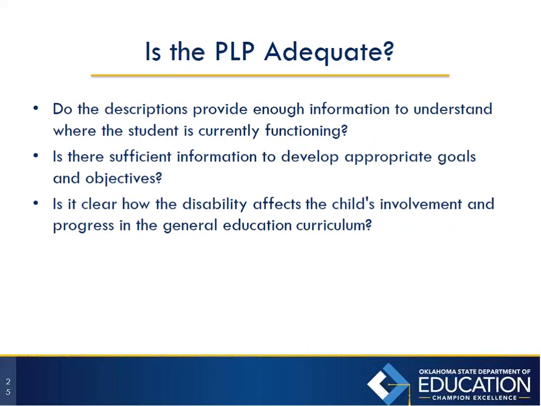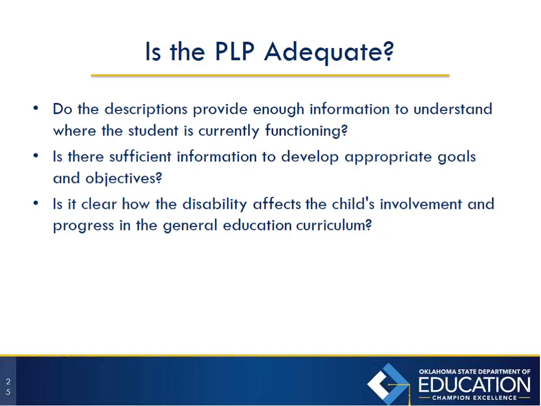So after reading those strengths and weaknesses, we're looking at the present levels of performance and just addressing, do the descriptions provide enough information to understand where the student is currently functioning? Is there sufficient information to develop appropriate goals and objectives? And is it clear how the disability affects the child's involvement and progress in the general education curriculum?